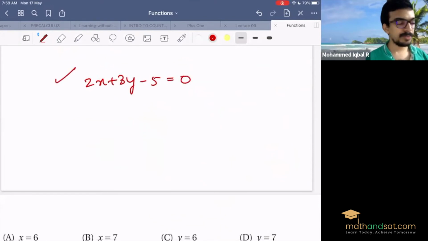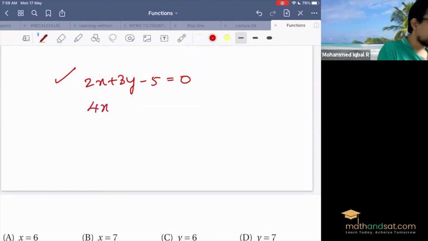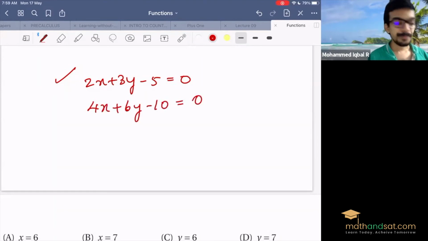Now suppose I multiply the entire equation with some constant, say 2. 4x plus 6y minus 10 is equal to 0. What happens?